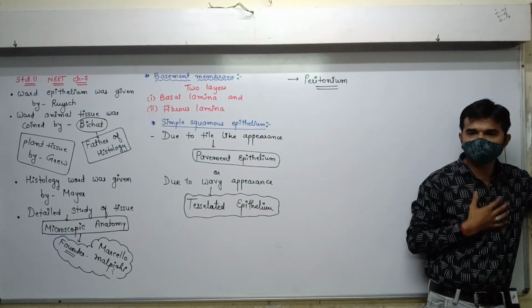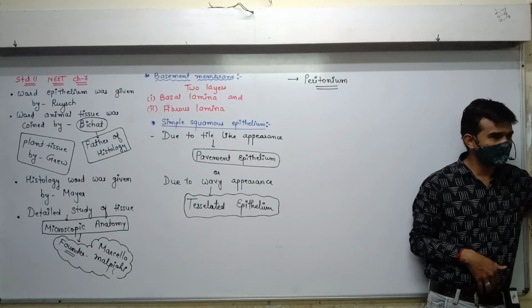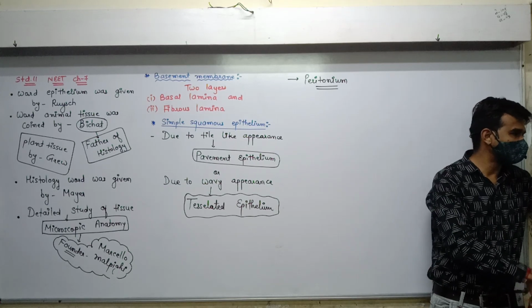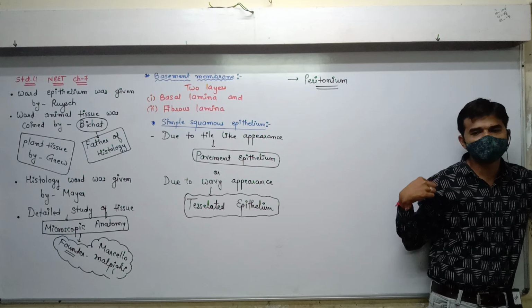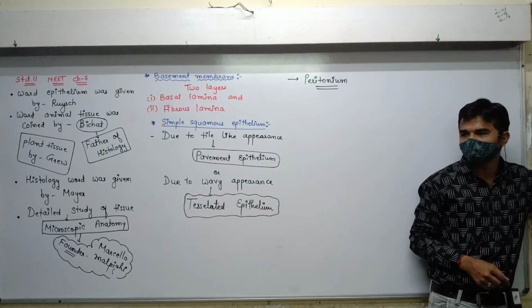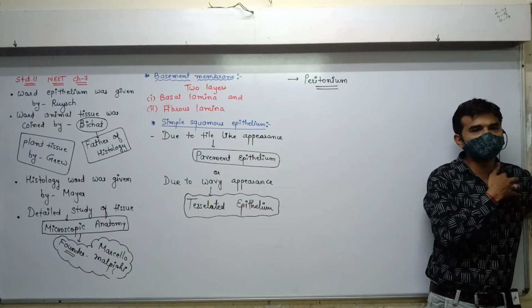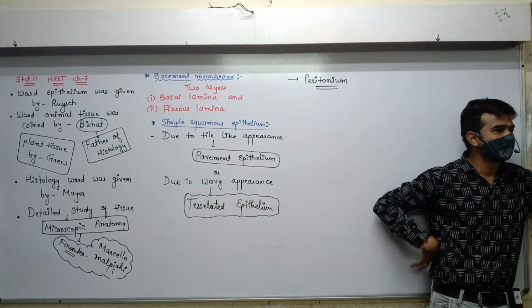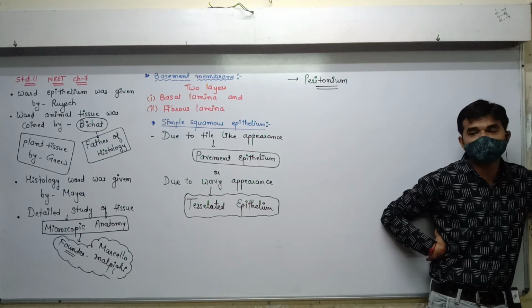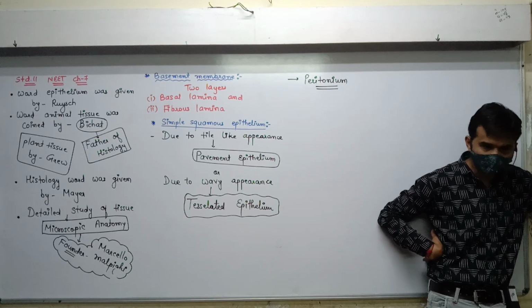Okay, thorax, abdomen, pelvic cavity: the innermost common lining present in the trunk region. This common bag-like structure is known as the peritoneal cavity or peritoneum.